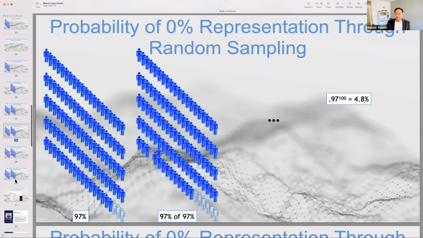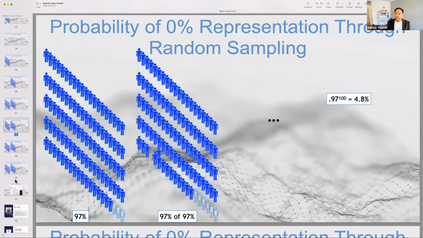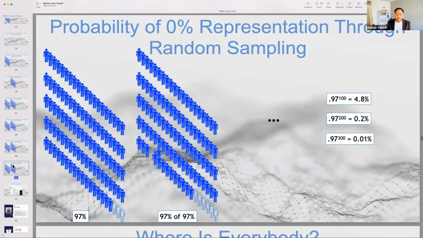By the time you've hired 100 people, the odds of having zero by random chance, even in a population that's only 3% African American, are less than 5%. By the time you get to 200, the odds are about 0.2%. By the time you get to 300, 0.01%.